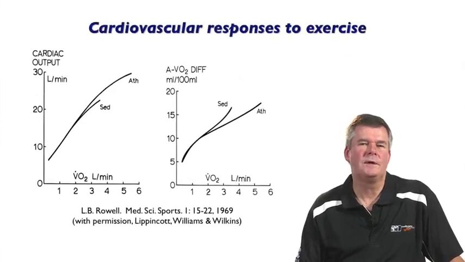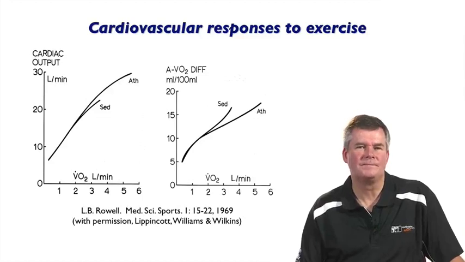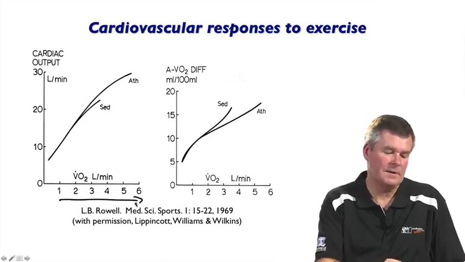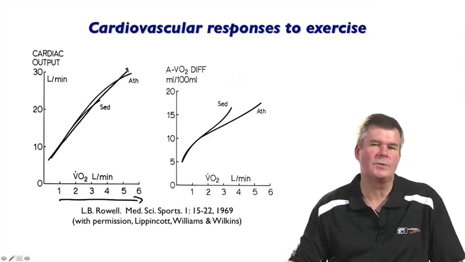If we look at the whole body cardiovascular responses, then we see an increase in both cardiac output and in the oxygen extraction. You can see this in this graph, summarized for two groups, a sedentary group and an athletic group. You'll see here that as VO2 increases, there's an increase in cardiac output.